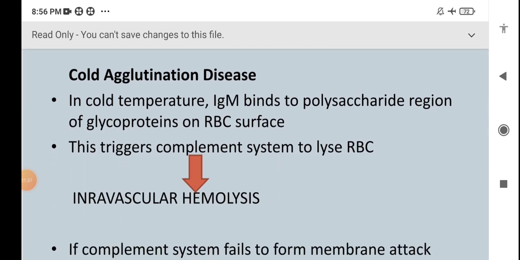Cold agglutination disease: in cold temperature, IgM binds to the polysaccharide region of glycoproteins on the RBC surface. This triggers the complement system to lyse RBCs, causing intravascular hemolysis.